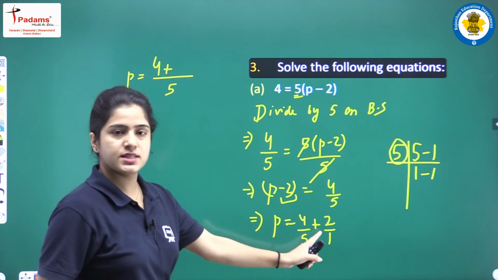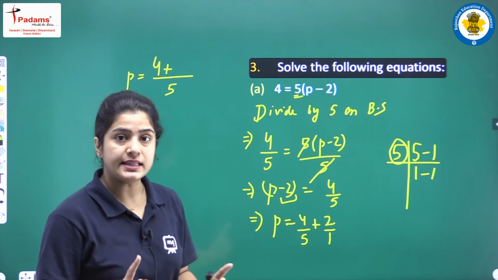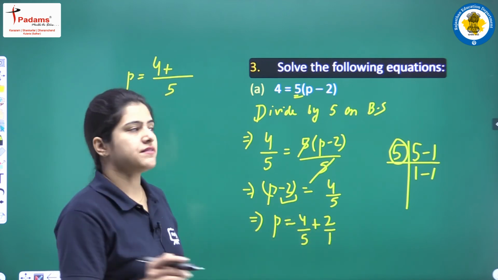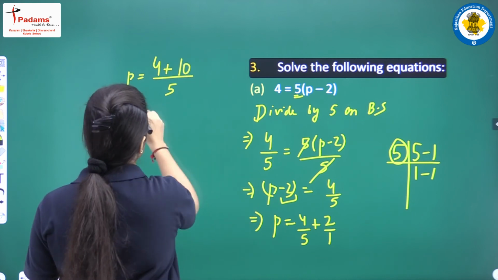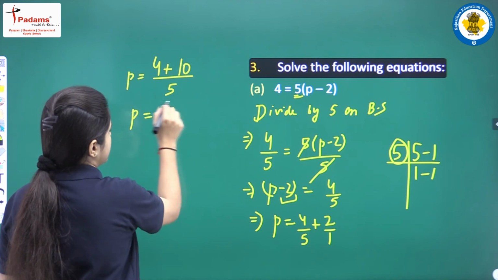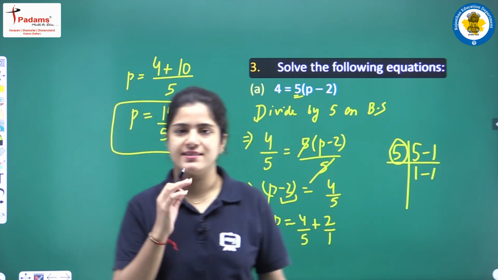In between is the positive sign. 5 divided by 1 is equal to 5, and that answer 5 is multiplied with the 2. So 2 into 5 is equal to 10. So your p is equal to 14 upon 5. This is the answer, okay students. 14 upon 5 is your answer.